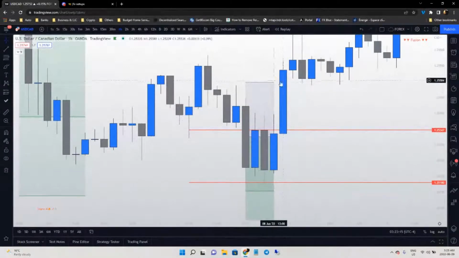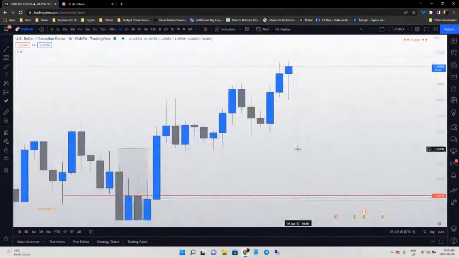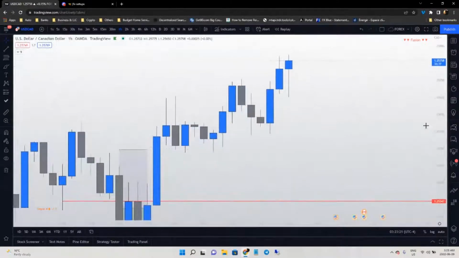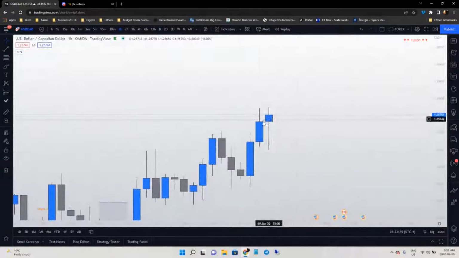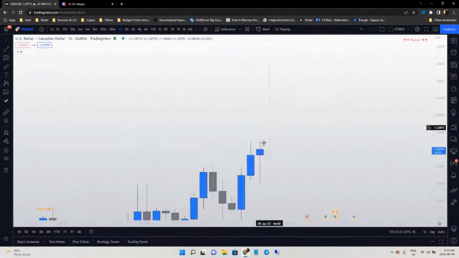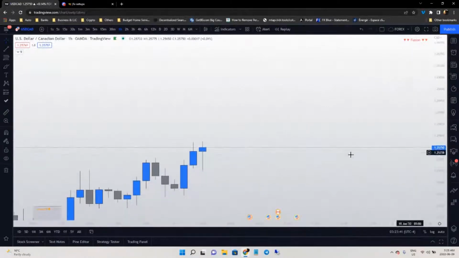Right now I wouldn't take any trades here unless we're getting a directional change from a downtrend to an uptrend with Fusion. So you could maybe take a note here of USD CAD to see exactly where we're going to be.